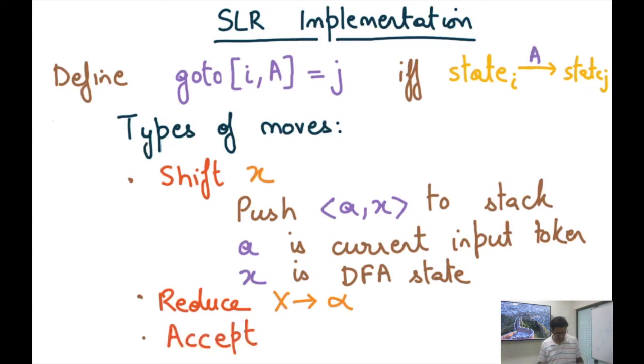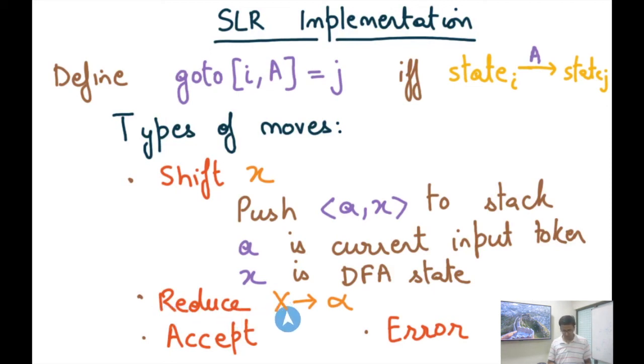Then there are other types of moves like accept or error. Accept basically means that I have reached the end of my input, and the stack is representing the start symbol S prime. As soon as I reduce, and my reduction results in the single symbol S prime on the stack, that's an accept state.